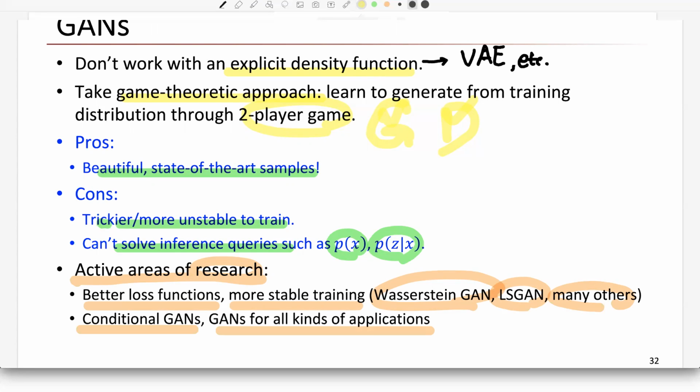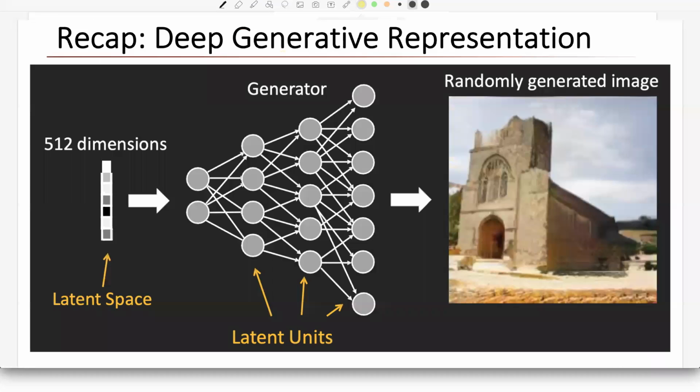So that was GAN. I'd like to introduce one more concept using the GAN. Okay, let me go back to the deep generative representation as we discussed so far. In the latent space, for example, a 115-dimensional vector, this is the latent code, right?